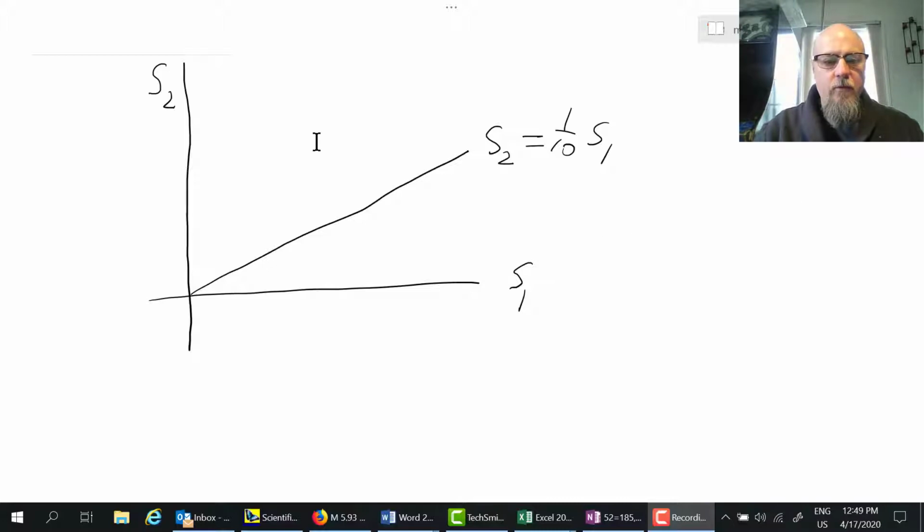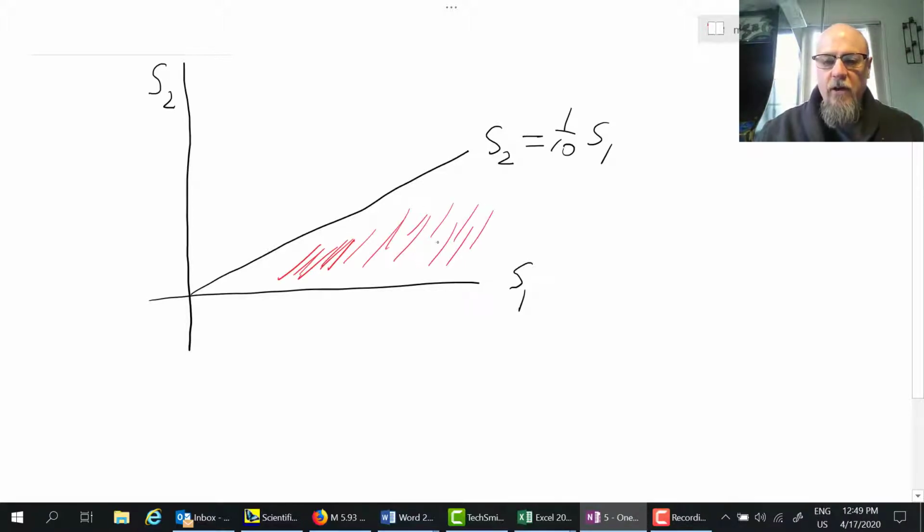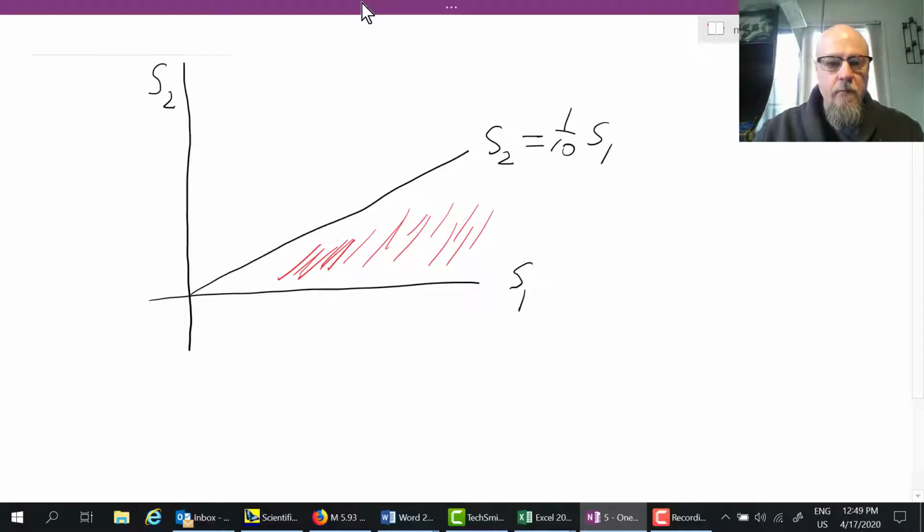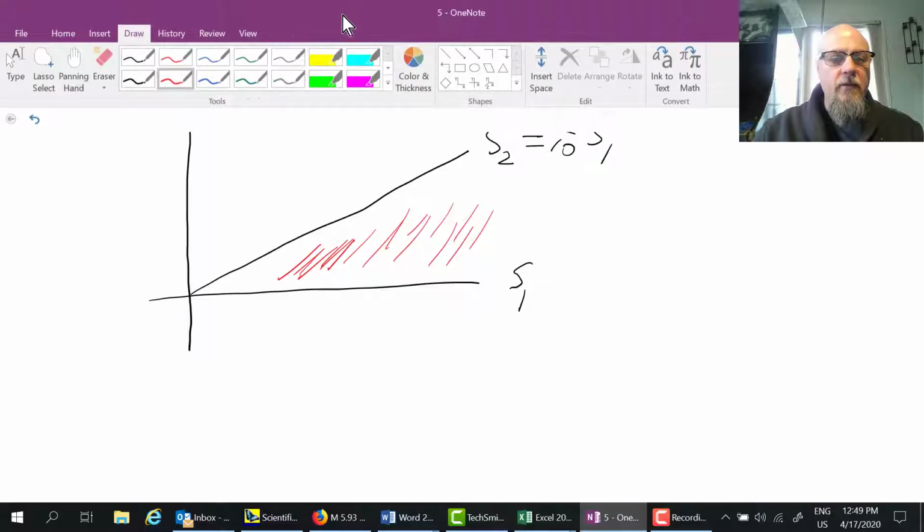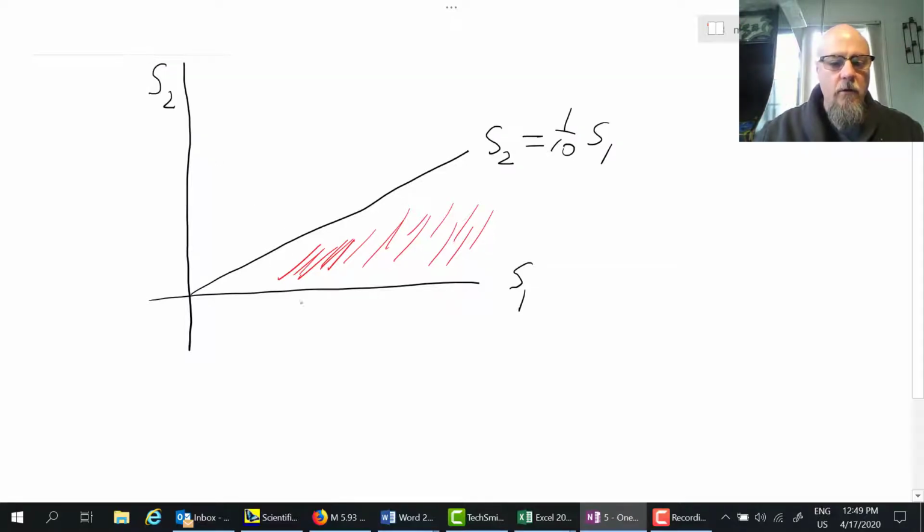So here's the S1, S2 plane, and I've drawn the line S2 equals 1/10 S1. This is sort of the dividing line between where I would get money and where I wouldn't, where I would exercise the option and where I wouldn't. So in here is where I would exercise the option, where S1 is bigger than 10 S2. So let's think about our integral.